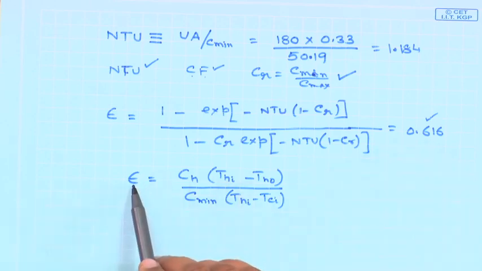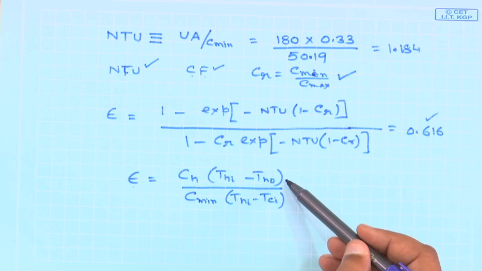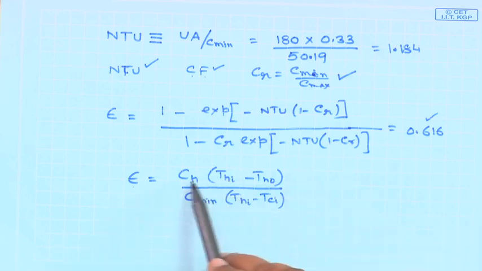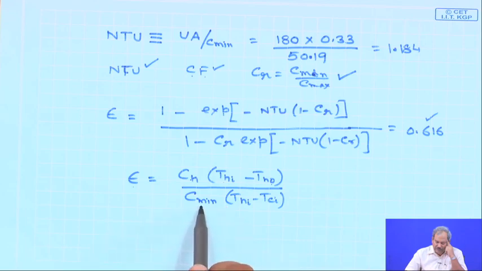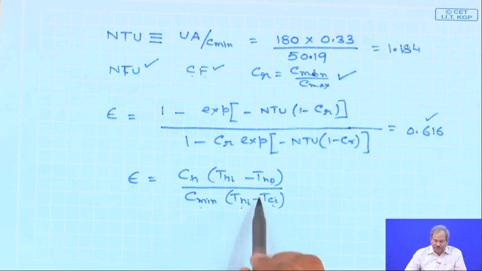I also know the definition of epsilon, which is the heat transfer that is taking place, Ch multiplied by Thi minus Tho, divided by the maximum allowable heat transfer possible in such a situation, which is C minimum multiplied by the maximum change in temperature that is possible in the heat exchanger.